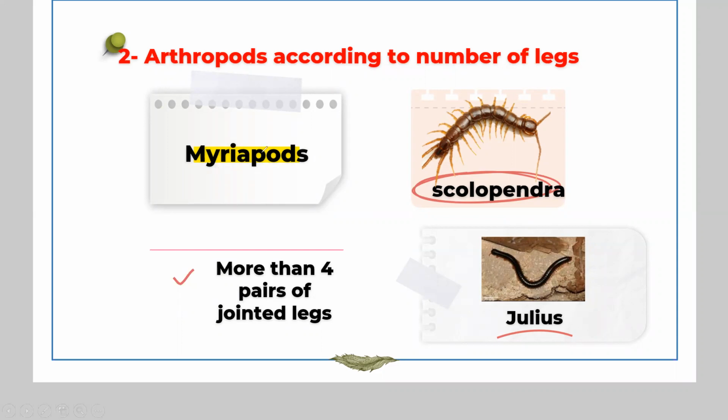Myriapods are arthropods that have more than four pairs of legs, like Scolopendra and Julius. So we have insects, arachnids, and myriapods.